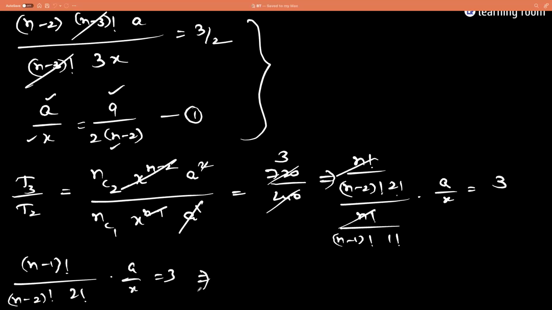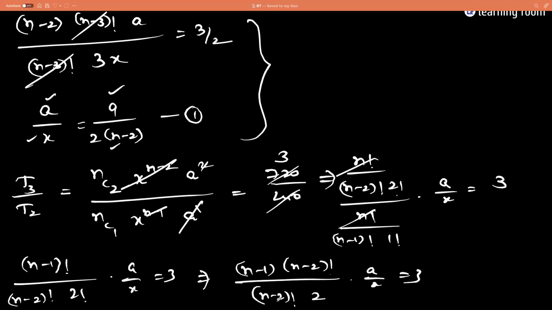This implies (n minus 1) into (n minus 2) factorial divided by (n minus 2) factorial into 2, into a by x, is 3. So (n minus 2) factorial and (n minus 2) factorial are gone. What I am left with implies a by x will be equal to 3 divided by (n minus 1). Let me call this as 2.